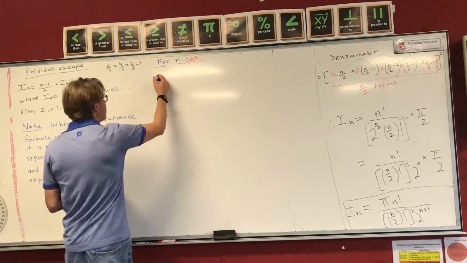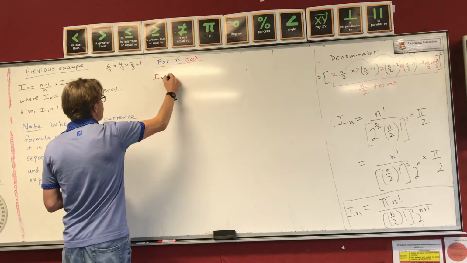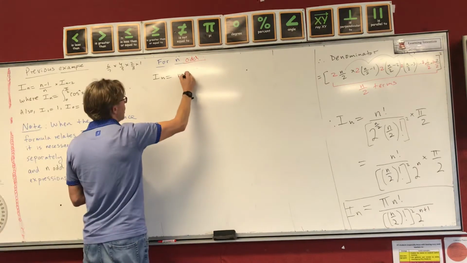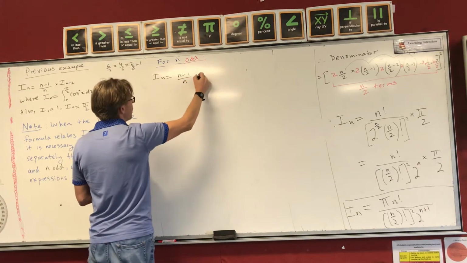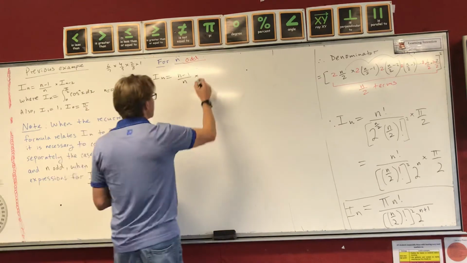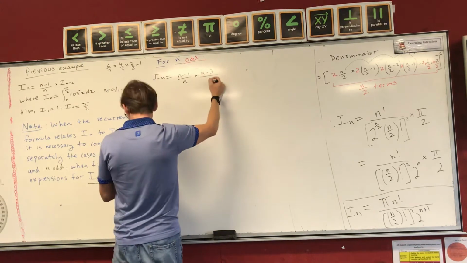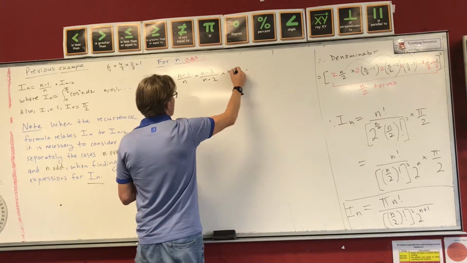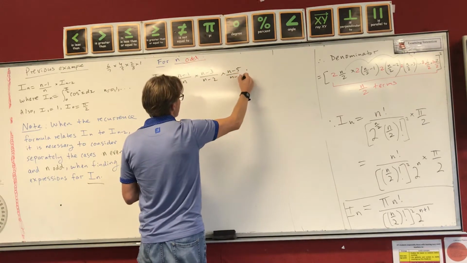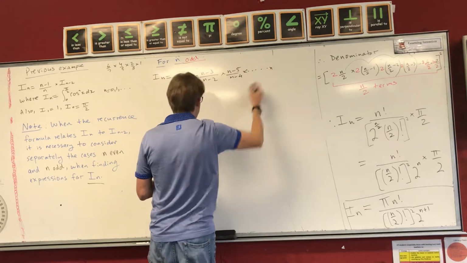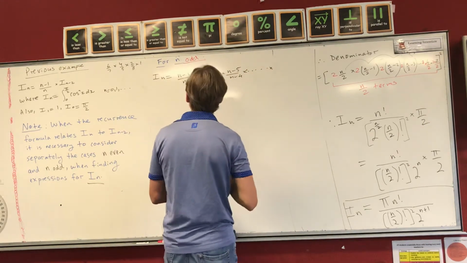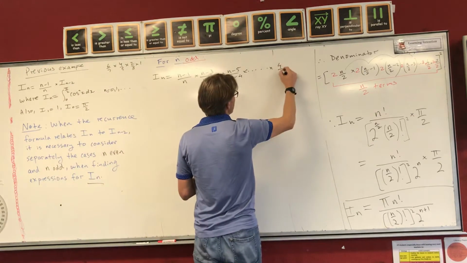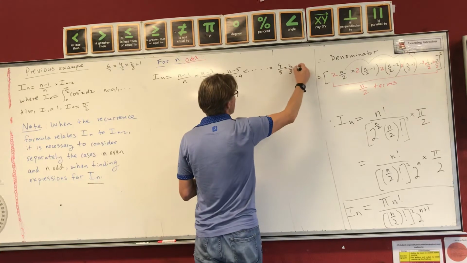Now, for n odd, In will be, alright, n minus 1 on n. Let's start off. And remember it's stepping down by 2's. So n minus 3 on n minus 2, n minus 5 on n minus 4. Same as before, really. And then we've got 4 over 5 times 2 over 3 times 1 at the end.